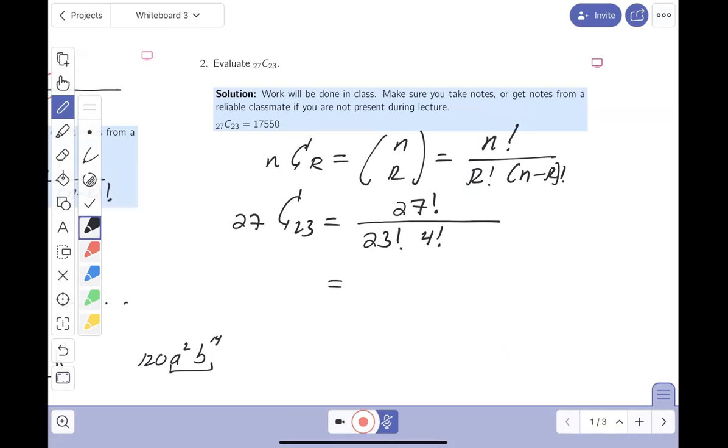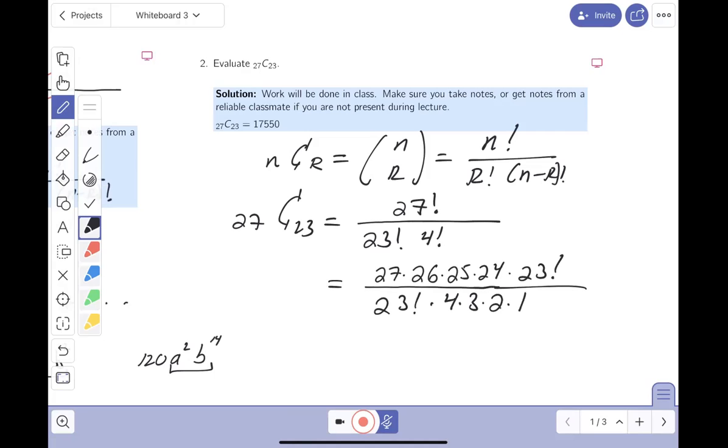Now, granted, it may not be easy to do, but I got to be honest with you, it's not impossible. So what do you get on top? 27 times 26 times 25 times 24 times 23 factorial. What do you get on bottom? 23 factorial times 4 times 3 times 2 times 1. What disappears? 23 factorial. It's a non-zero number.